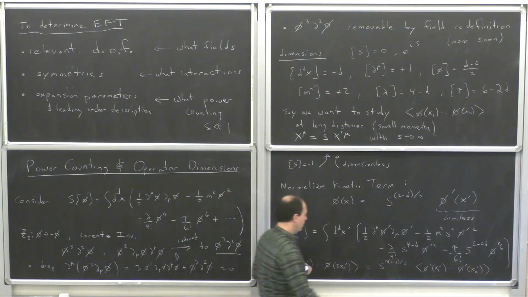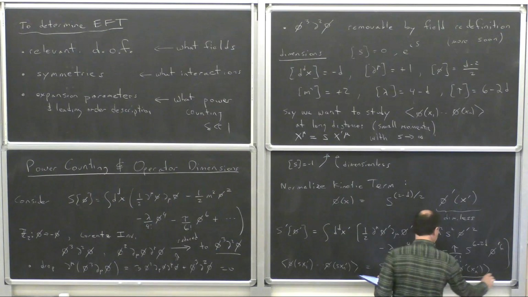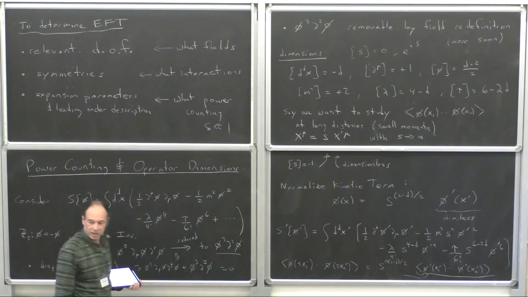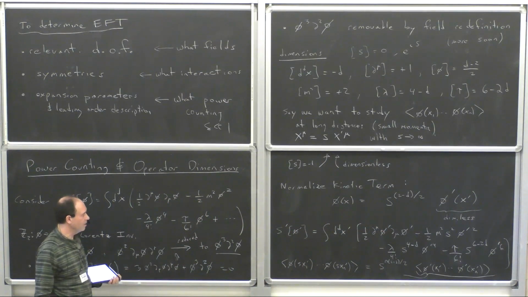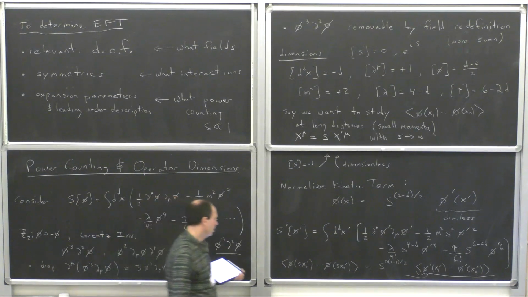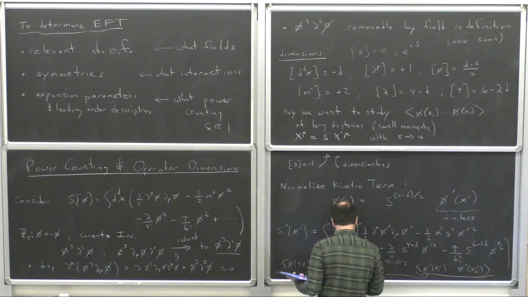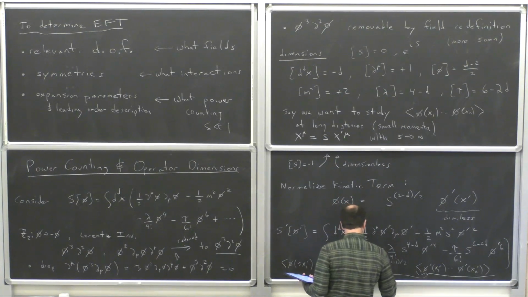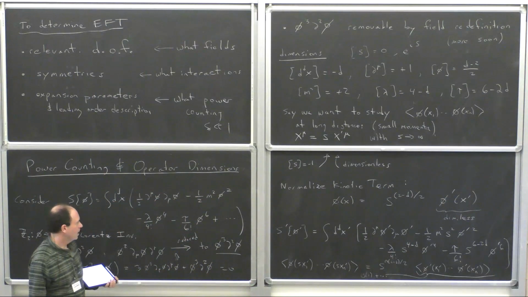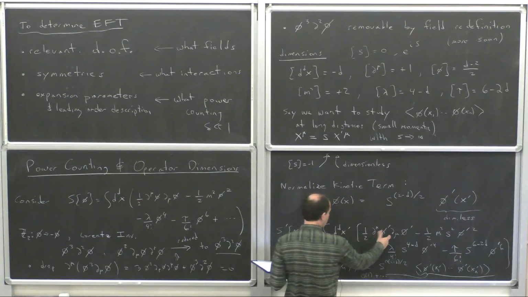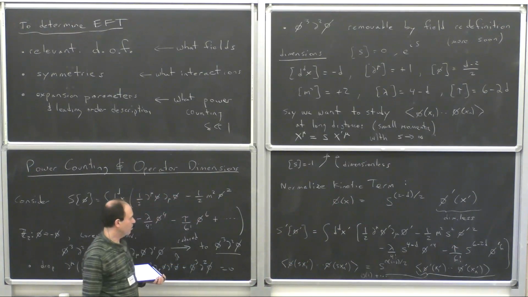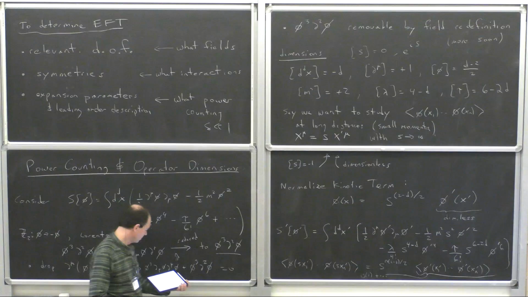So we can think of this correlation function among these phi primes as something that's order 1 plus higher orders. That's because we have a kinetic term that has no s's, and then we have explicit s's elsewhere, and we can categorize how important the terms are by their power of s.